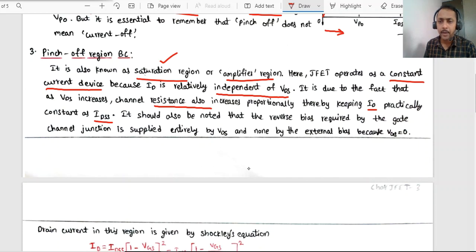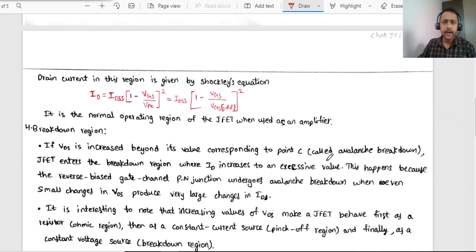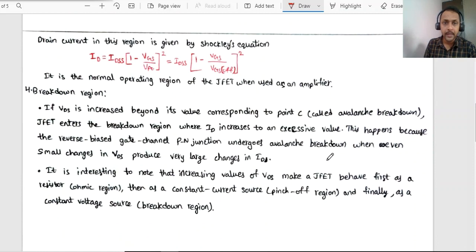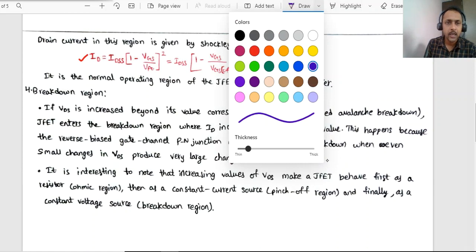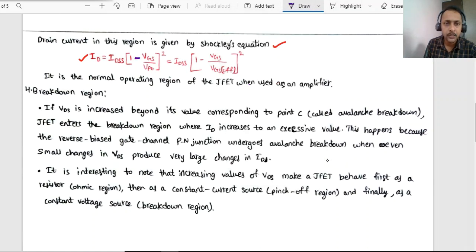Now this is all happening without any external bias, VGS equals 0. Here the drain current is given by Shockley's equation. The drain current ID equals IDSS, the saturated current, into 1 minus VGS divided by VP naught, whole square. Of course, derivation is not required for you now, right?